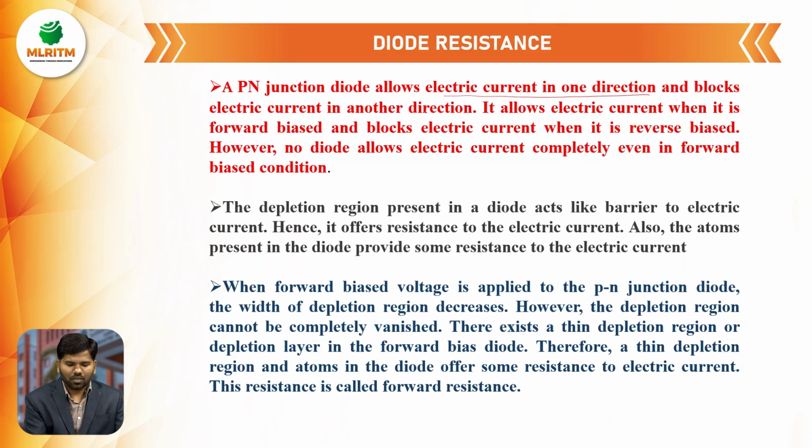So a PN junction diode allows electric current only in one direction and blocks electric current in the other direction. It allows electric current when it is forward biased and blocks electric current when it is reverse biased. In reverse bias we do not get any electric current. The depletion region present in the PN junction diode acts as a barrier to the flow of electric current.